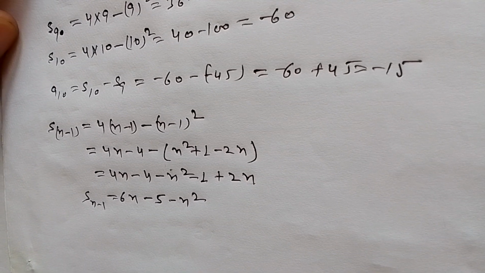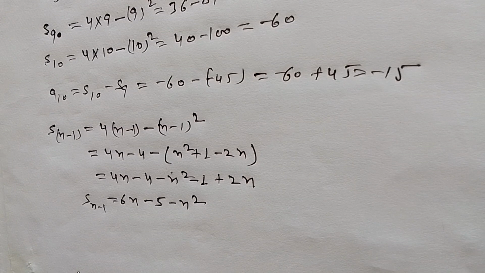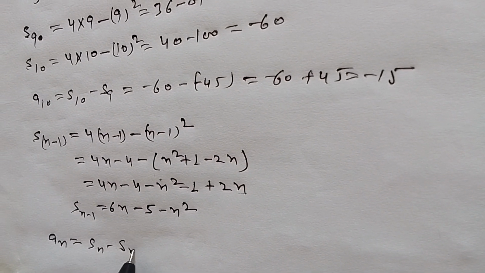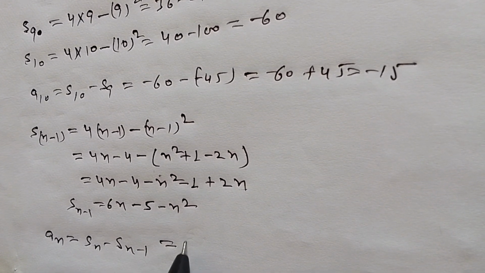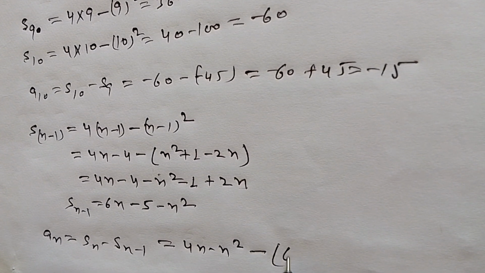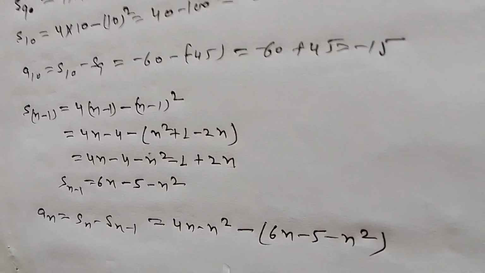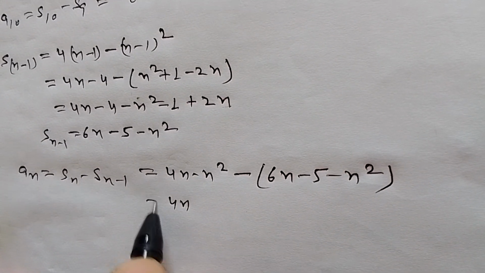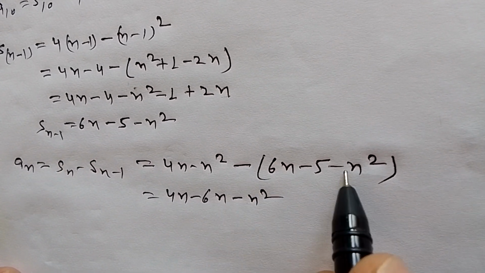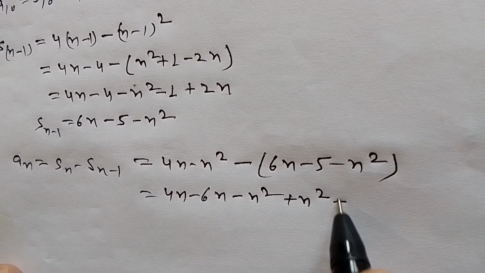We have given Sn as 4n minus n square. So we will now calculate An, that is Sn minus Sn minus 1. By putting the values, 4n minus n square minus the quantity 6n minus 5 minus n square, so 4n minus 6n, minus n square plus n square, and plus 5.